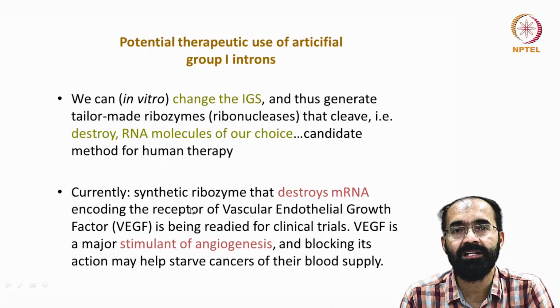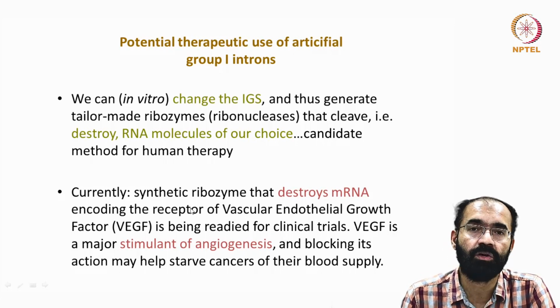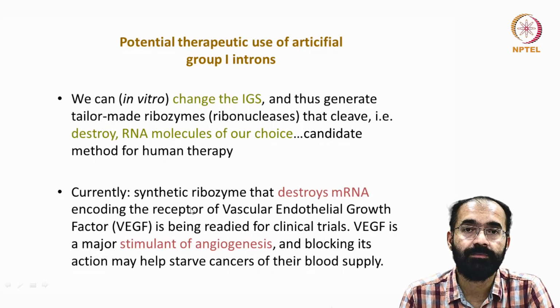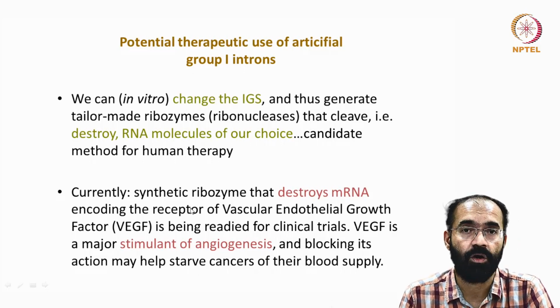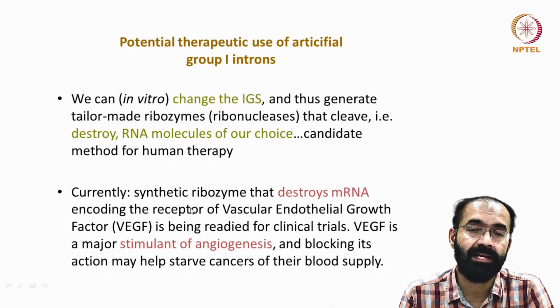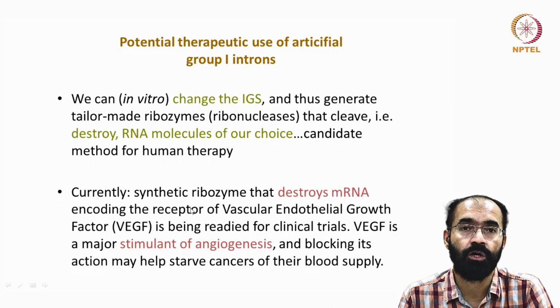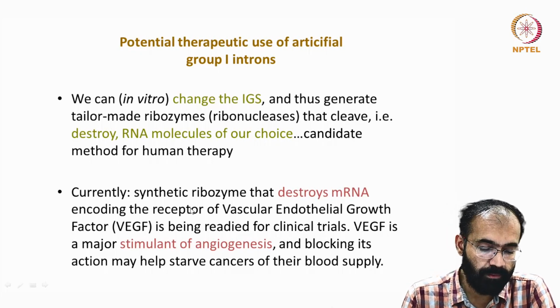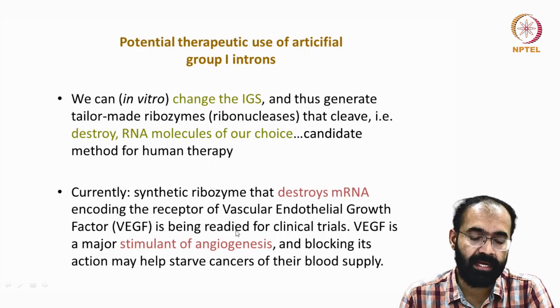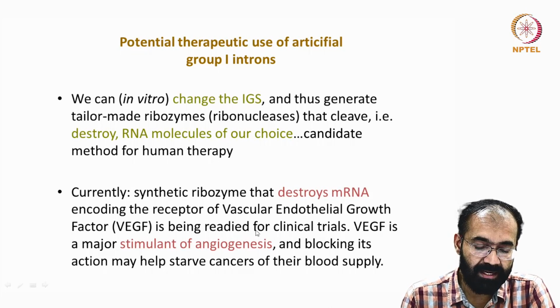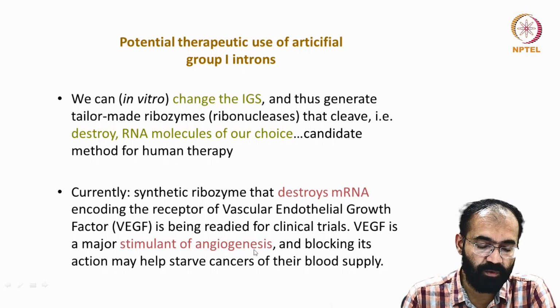But when you are rapidly dividing, blood vessels need not form. So the formation of blood vessels requires VEGF. So if you target VEGF or the VEGF receptor, then you can prevent the growth of cancer. So what is done is that you can create a VEGF receptor targeting ribozyme, and it's a major stimulant for angiogenesis.